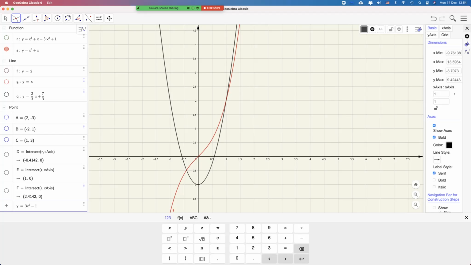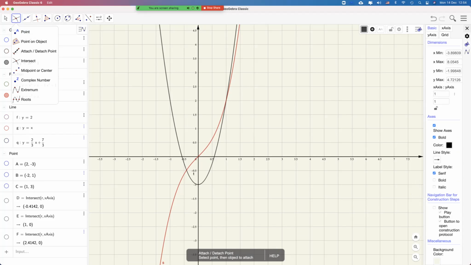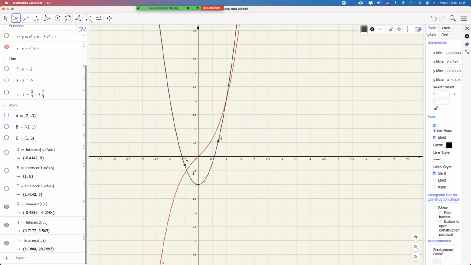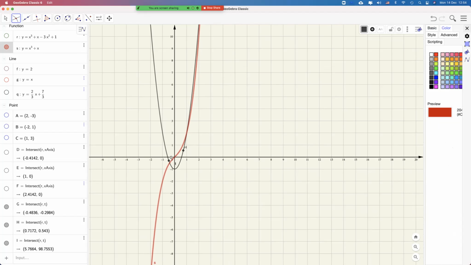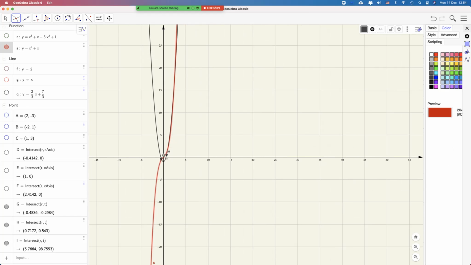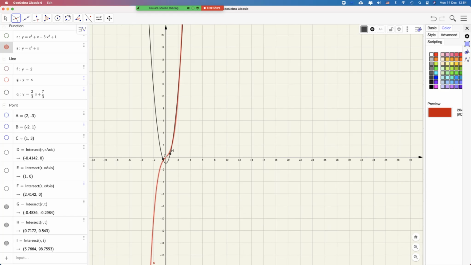Weren't there 3? It was 3 solutions. So it should still be 3 solutions, but unfortunately we see 2 intersection points. Is that right? The last intersection point is on the right side if you zoom out. Yes, exactly. So there should be another one, which we cannot actually see.